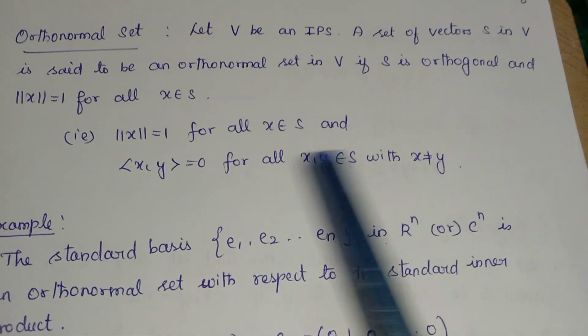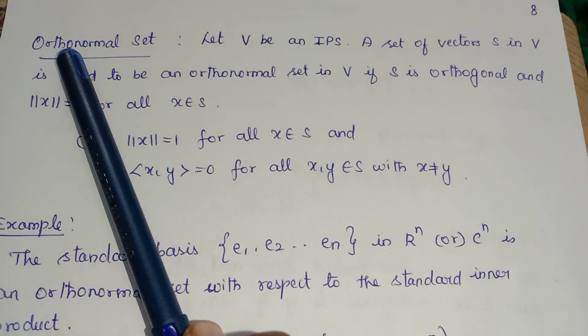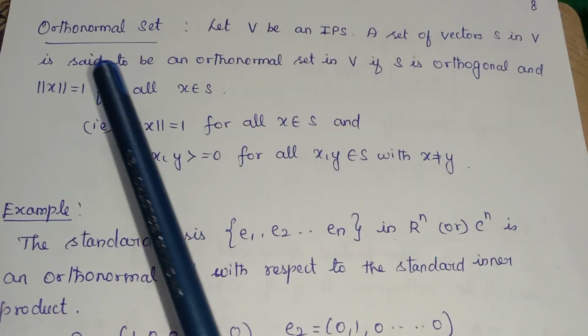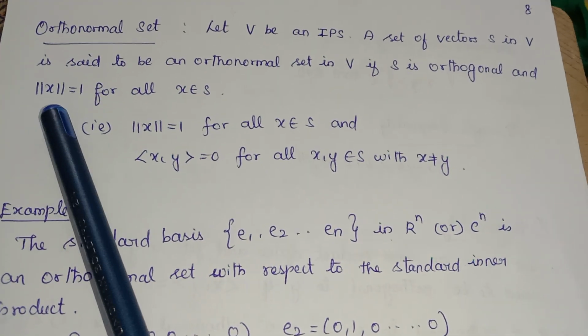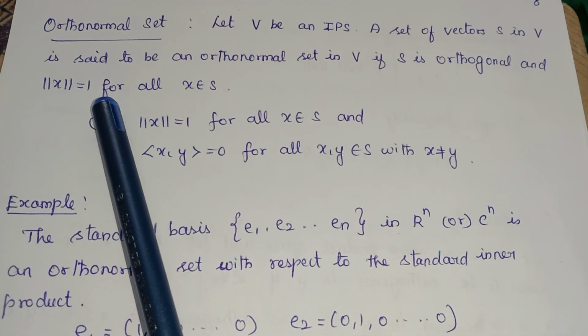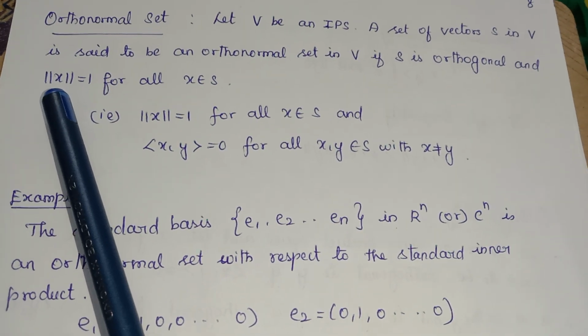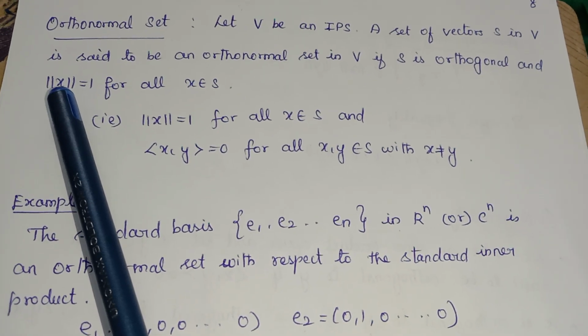Next one, orthonormal set. Orthogonal set means any two vectors are mutually orthogonal. Along with that orthogonality, if the norm of each vector is equal to 1, then it is orthonormal. Already you know what norm means; it is obtained from the inner product of the vector with itself.